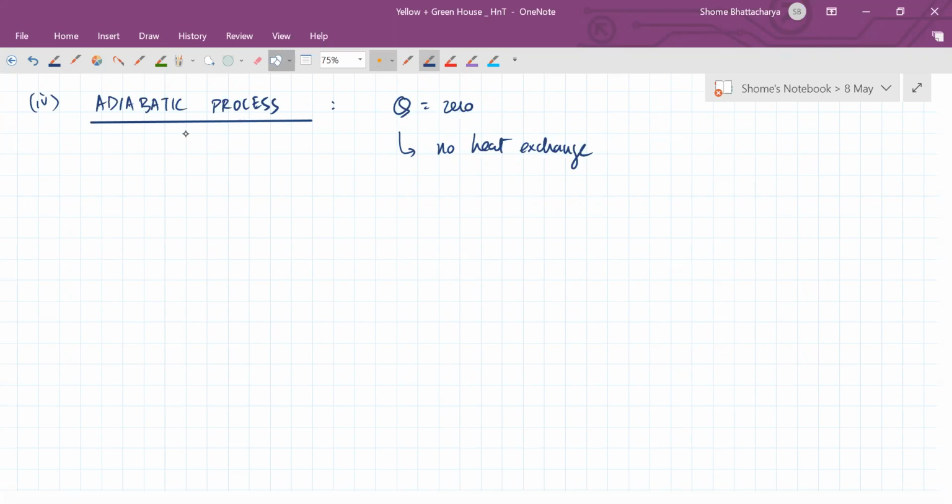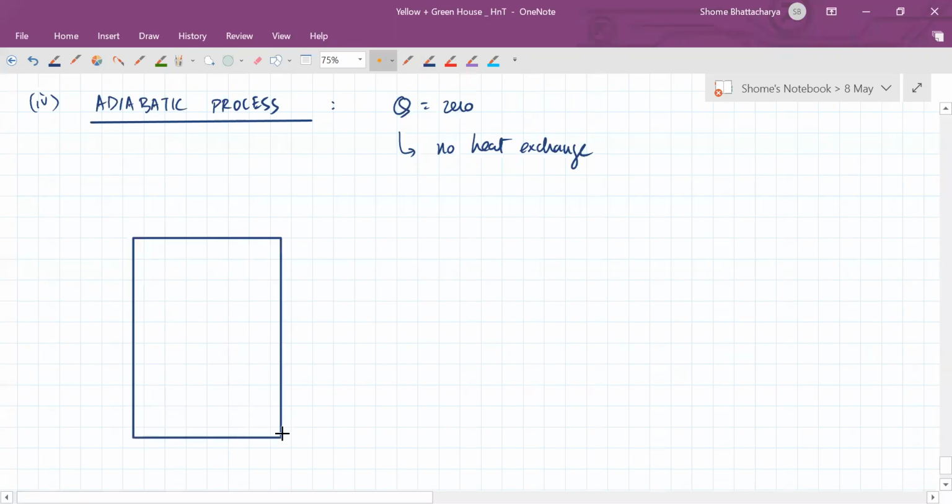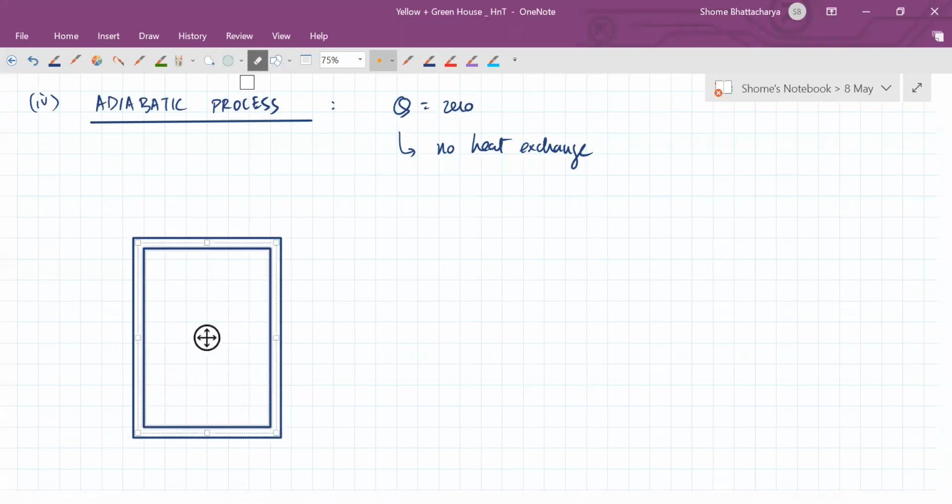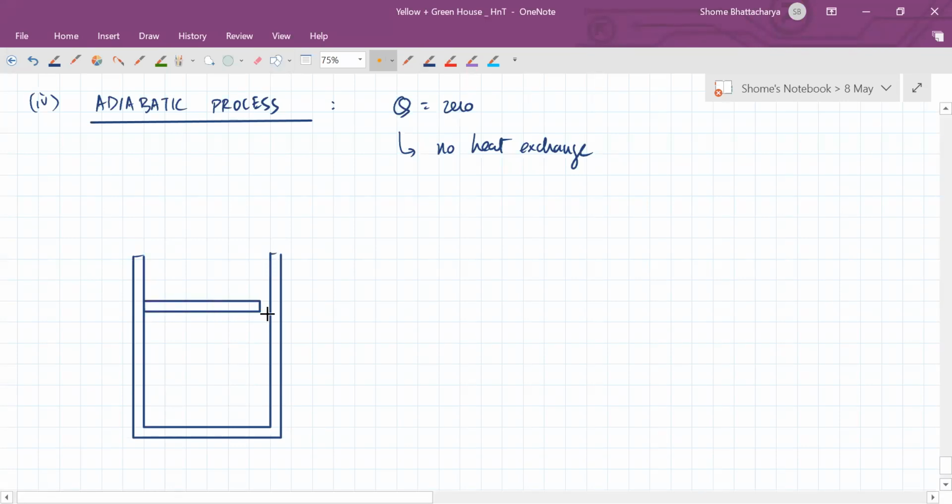So the physical representation of this process would be just like we had for the isobaric process. You have a piston, but this time we can add or subtract mass from the piston to make the gas expand or contract. But the difference is there is no heating element, and the walls of the container as well as the piston itself are adiabatic or non-conducting in nature.